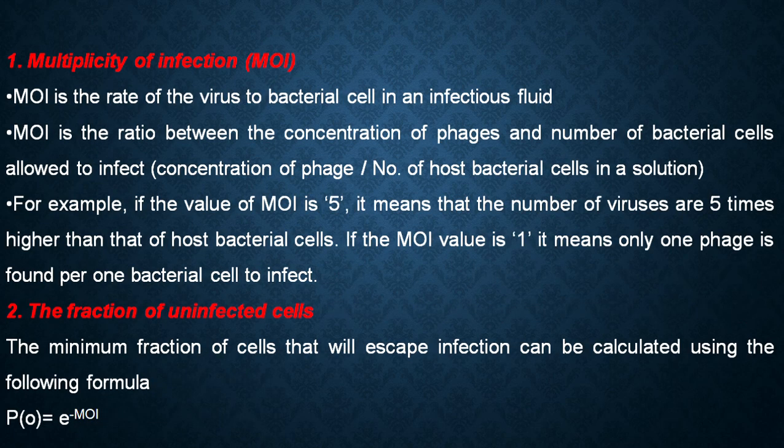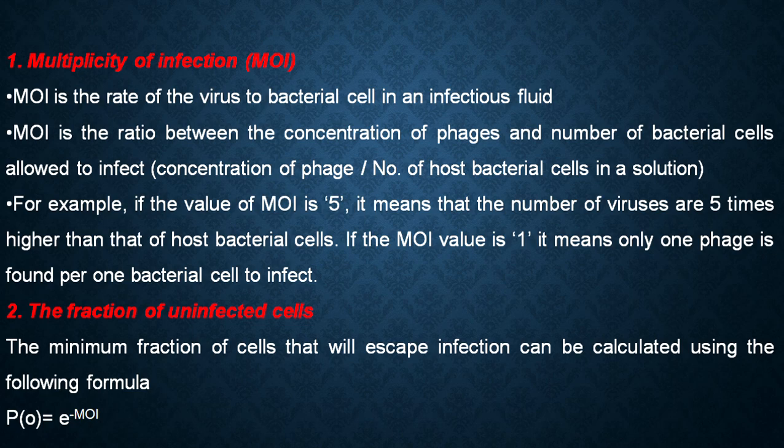First one, multiplicity of infection. MOI is the ratio of viruses to bacterial cells in an infectious fluid. MOI is the ratio between the concentration of phages and the number of bacterial cells allowed to infect.